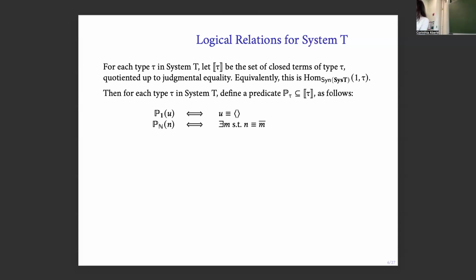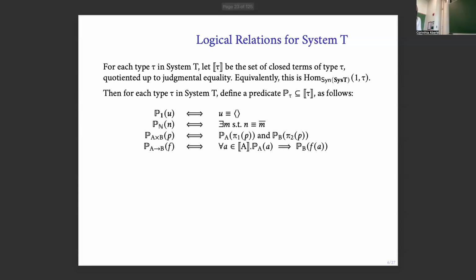And so that's the thing we want for canonicity. And then for a product type, an element of that is in the relation if its first projection is in the predicate for the first type in the product, and the second projection is in the predicate for the second type in the product.